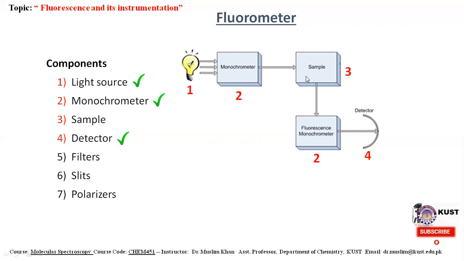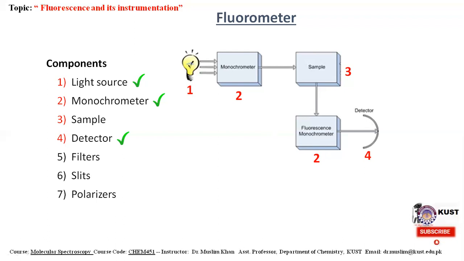And sample cells, where we keep the sample and the sample gets excited, and then the emitted light comes from the sample and this monochromator removes all the other unwanted light, and then it goes to the detector. Different kinds of detectors are used. Filters are used, slits and polarizers. We will discuss these in our coming slides.